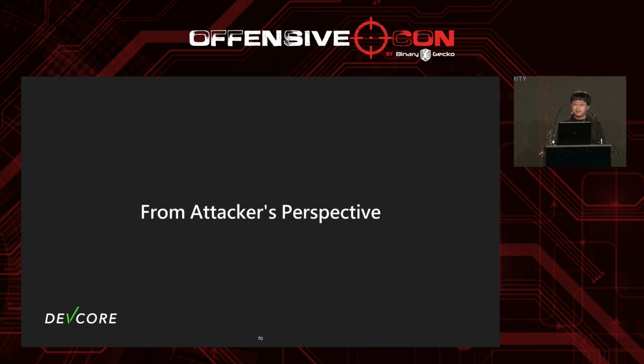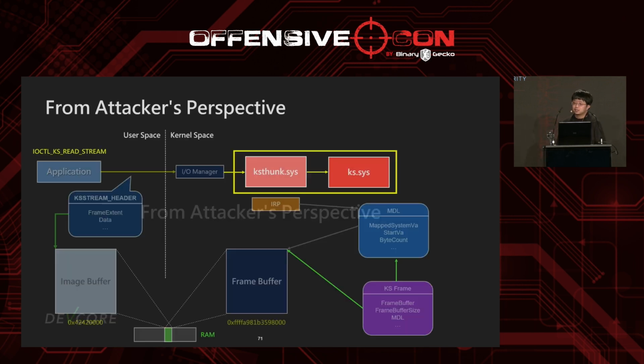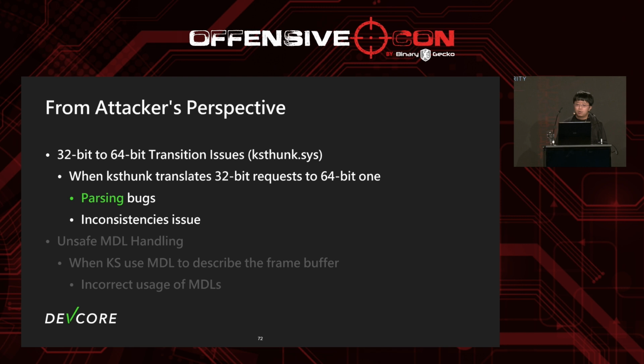Now, we have a basic understanding of the architecture and the frame reading. Next, let's shift to the attack perspective. Where should we focus? First one is the transition between case sync and the case. When converting a 32-bit request to 64-bit, passing a user-controlled header can potentially lead to memory corruption.